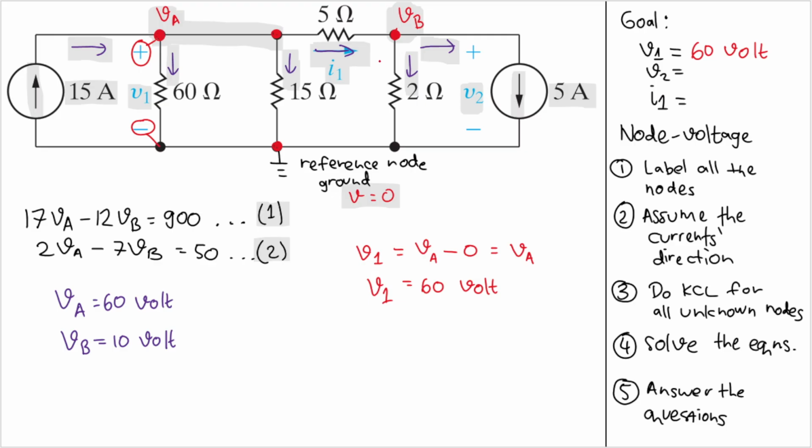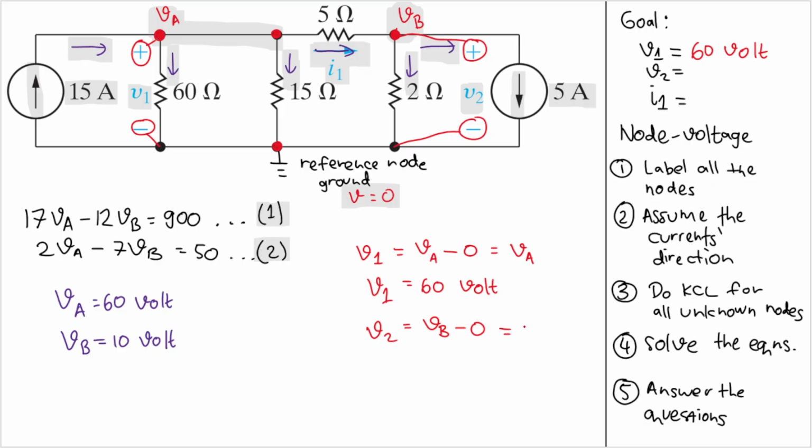Good. And then what is V2? V2, using the same logic here, V2, the positive side is directly connected to VB, right? And then the negative side here is directly connected to the ground. So I will have VB, the positive side, and then the negative side is the ground, so I'll have minus 0.